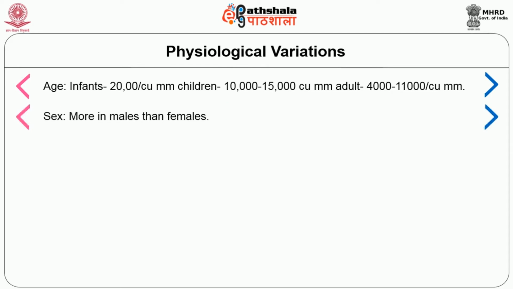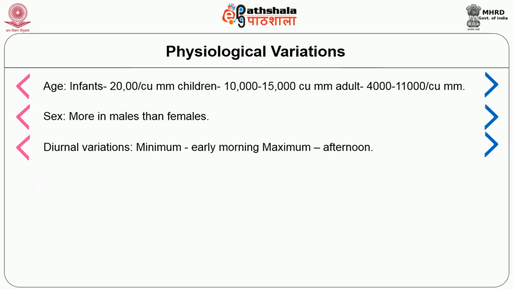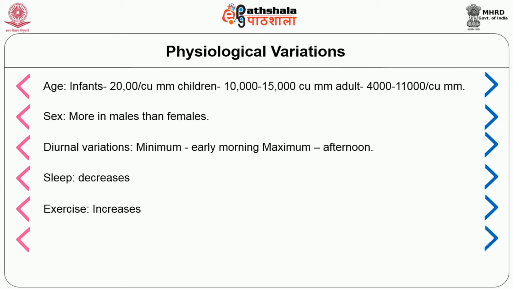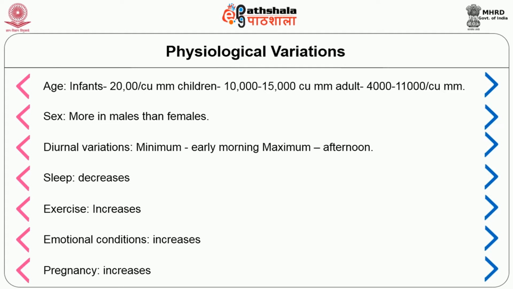It is slightly more in males than in females. The diurnal variations. It is minimum early in the morning and maximum in the afternoon. During sleep, the count decreases, while during exercise, it increases slightly. Emotional conditions also increase the count, and in pregnancy also the count increases.